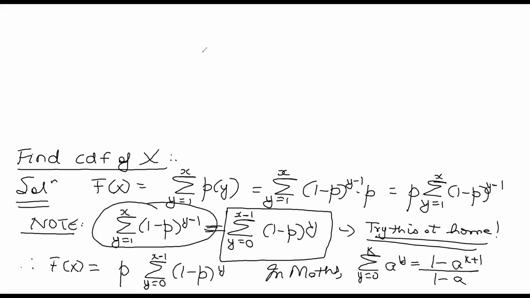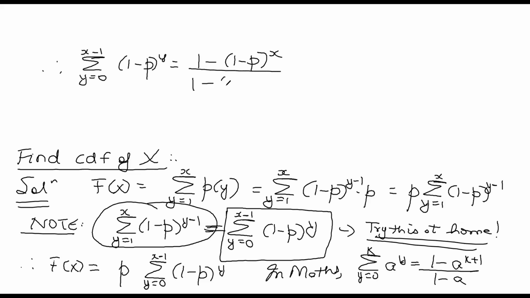So this will become, therefore, summation as y goes on from 0 to x minus 1, (1 minus p) to the power y will be (1 minus (1 minus p) to the power x) upon (1 minus (1 minus p)), that becomes exactly 1 minus (1 minus p) to the power x.